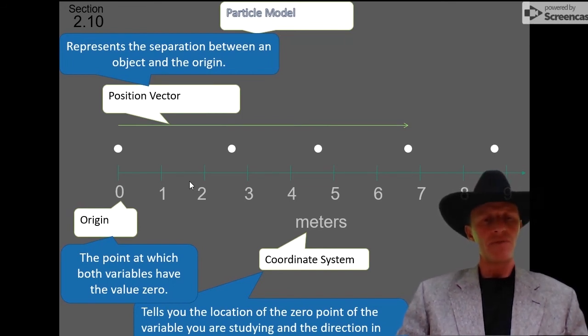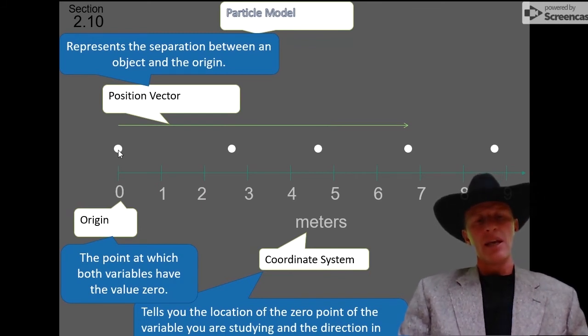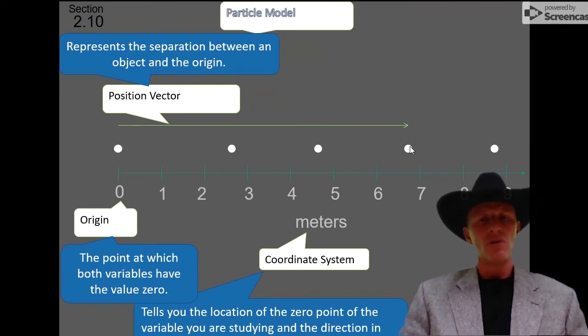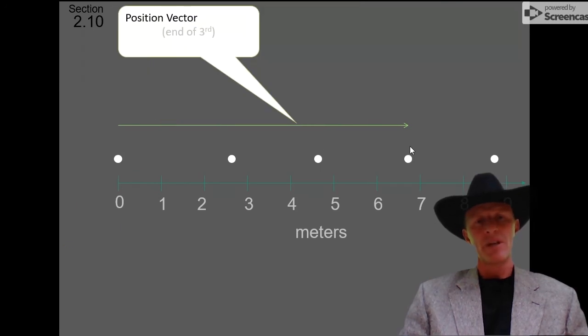So this first dot was at time 0 equals 0. The second dot would be 1 second later, 2 seconds later, 3 seconds later. So at the end of the third time interval, we have this position vector, and we can measure its length and the direction to identify the two parts of that vector. So that would be the end of the third time interval.